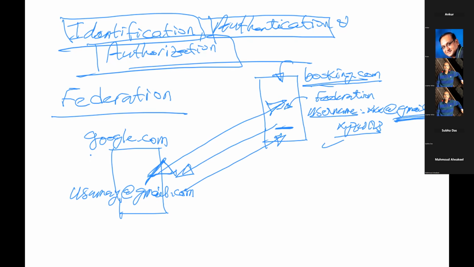This is federation. What is the benefit of federation? That you will have a single username and password. And usually, gentlemen, it can be used in a big organization. For example, suppose that you have your organization here, where you have your office and your username and password.